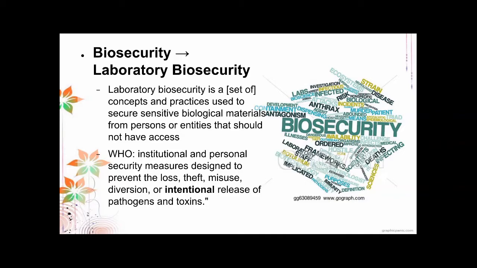But in biosecurity, there is the element of intention. There is a malignant element there that wants to intentionally release the pathogens and toxins, and that's what makes biosecurity different from biosafety. So there is an intention in biosecurity.